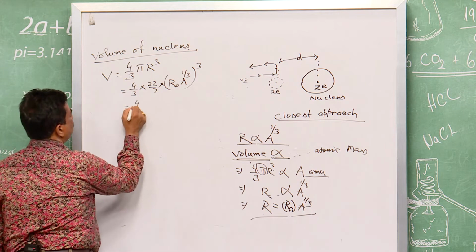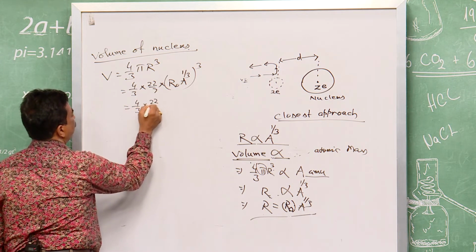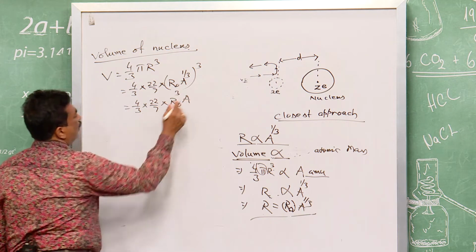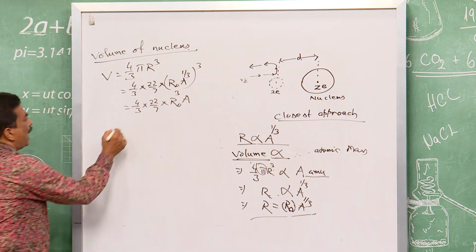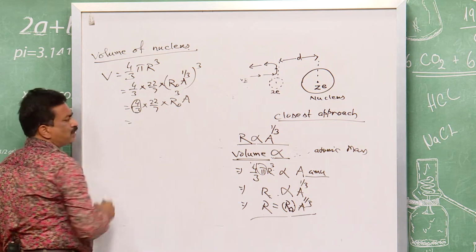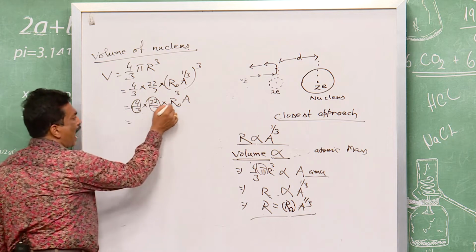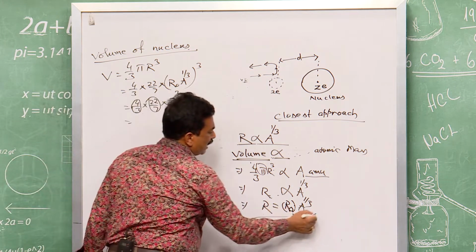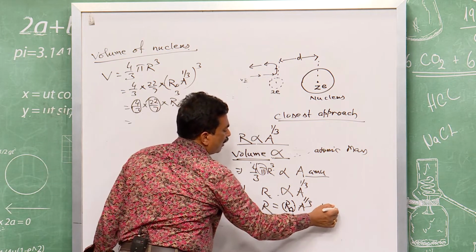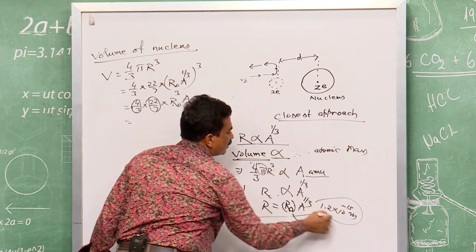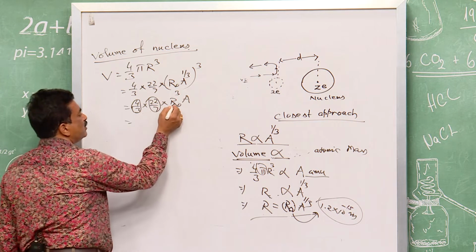That implies V equals 4 by 3 pi R0 cube times A. Here 4 by 3 is a constant, 22 by 7 is a constant, and R0 equal to 1.2 into 10 to the power of minus 15 meter is also a constant.